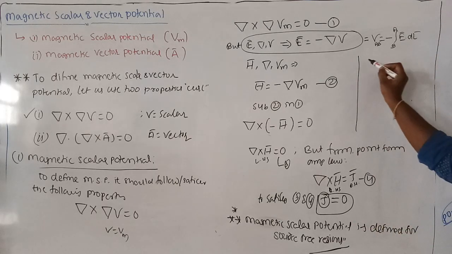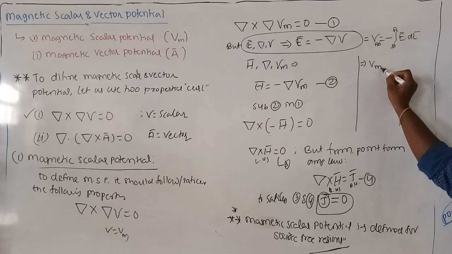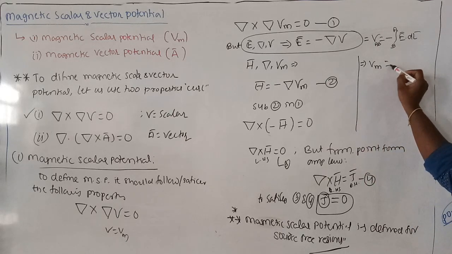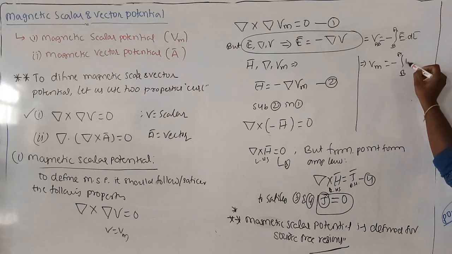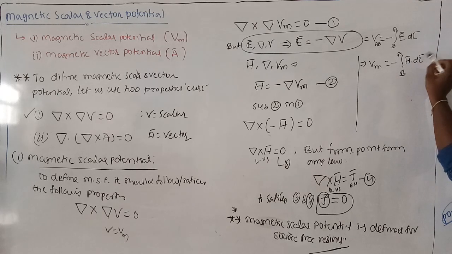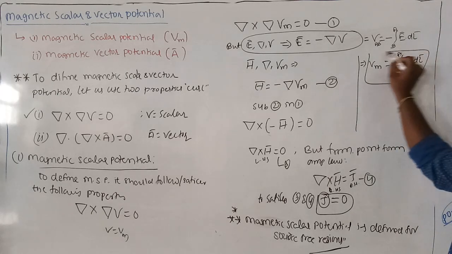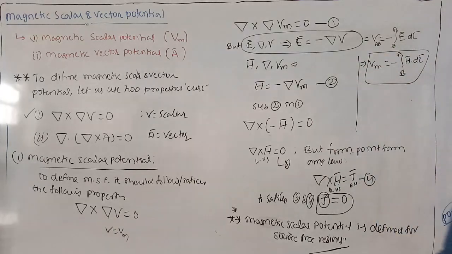Similarly, we can write the expression for magnetic scalar potential Vm in terms of H bar and dl bar like this. This is the final expression for magnetic scalar potential.